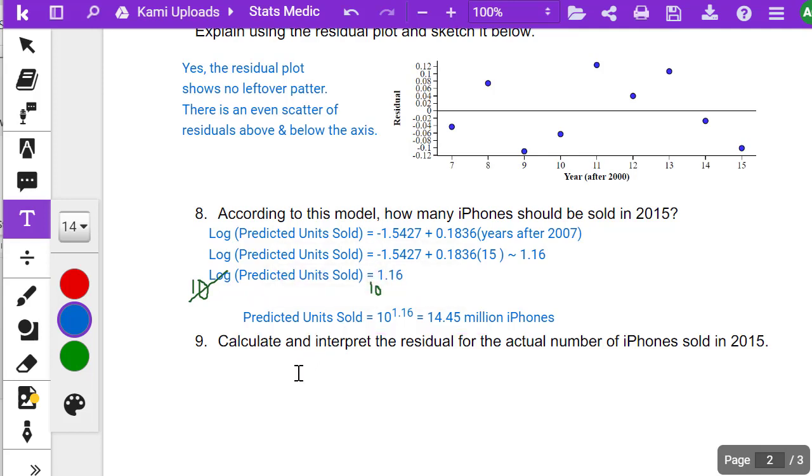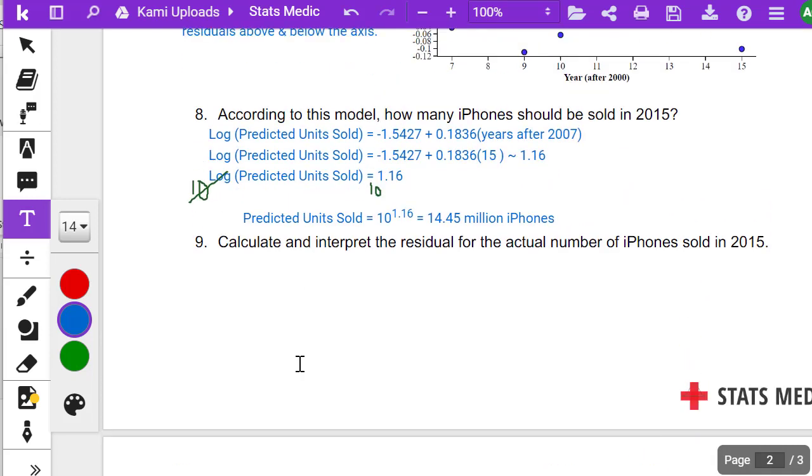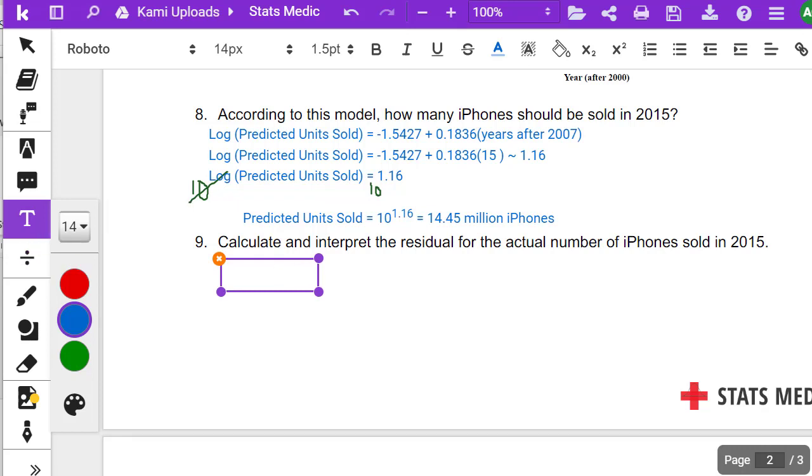Okay, so calculate and interpret the residual for the actual number of phones sold in 2015. Well, we would say residual equals actual minus predicted. So it's going to be 13 minus 14.45.